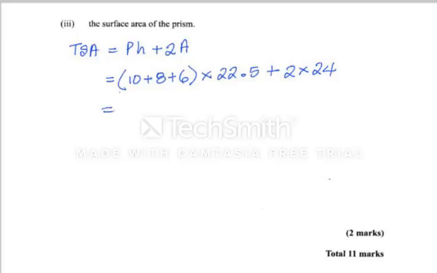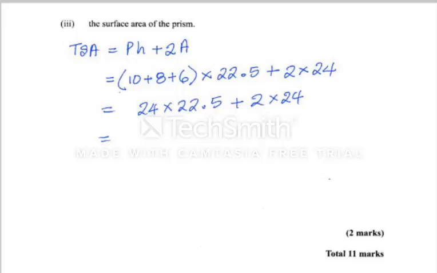So this becomes, 14 plus 10 is 24. So this is 24 times 22.5 plus 2 times 24. All right.